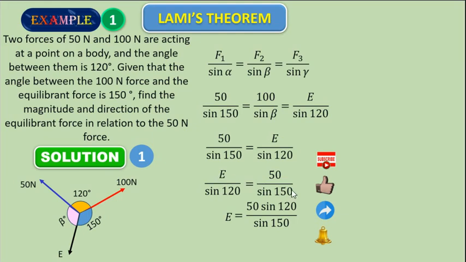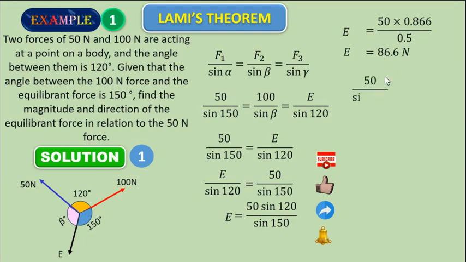Dividing both sides by sine 150, E is left standing alone. Then we substitute. E will be equal to 50 times 0.866, because sine 120 is 0.866 and sine 150 is 0.5. Now putting those values there and using a calculator, the equilibrant force is equal to 86.6 newtons.